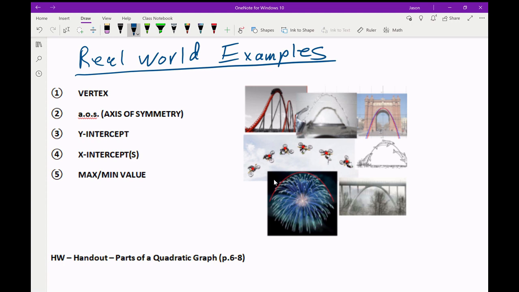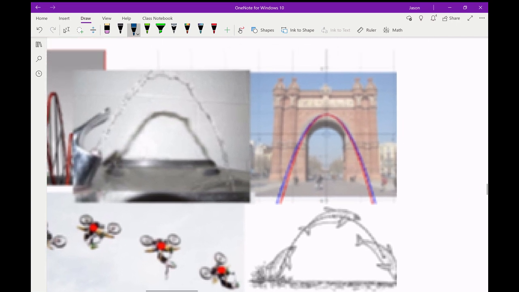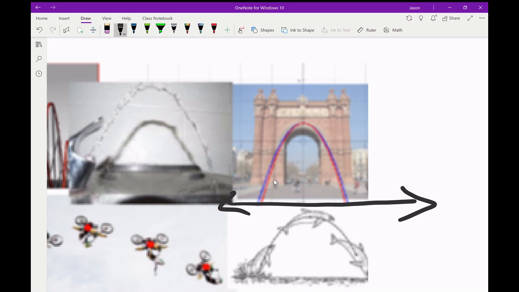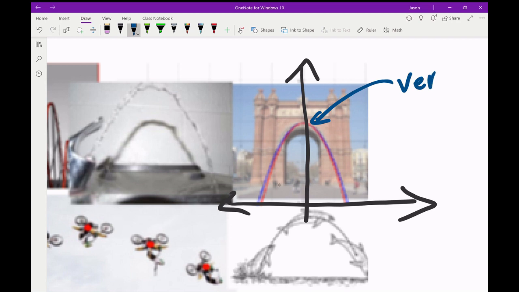So let's zoom in on the Arc de Triomphe. When I'm looking at the Arc de Triomphe, what we have is something that looks like this, where our x-axis is here. This is our y-axis. Now, this part here on the very top is our vertex.